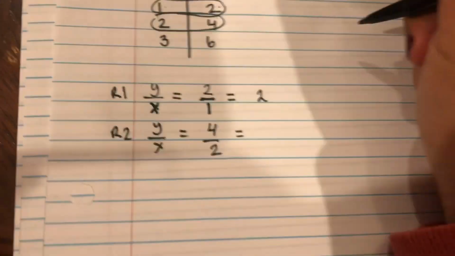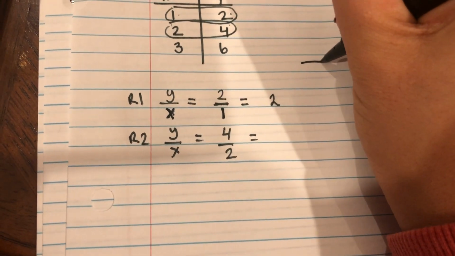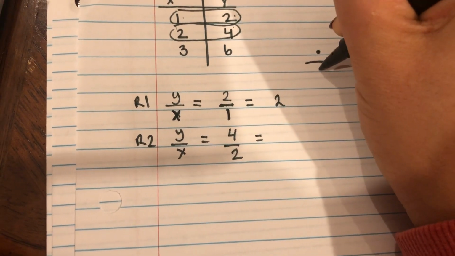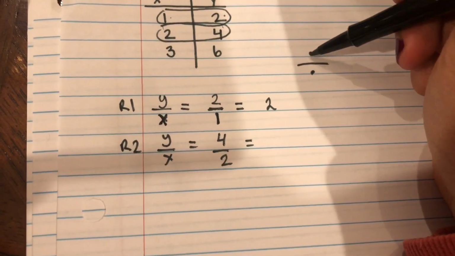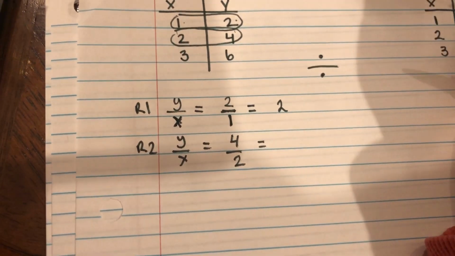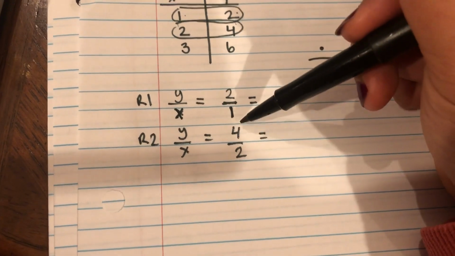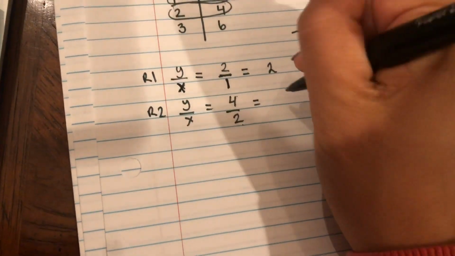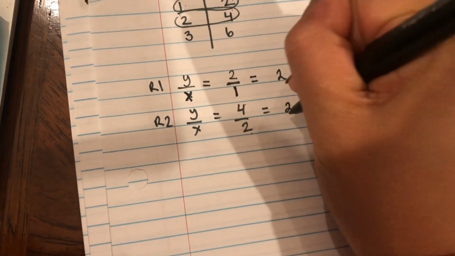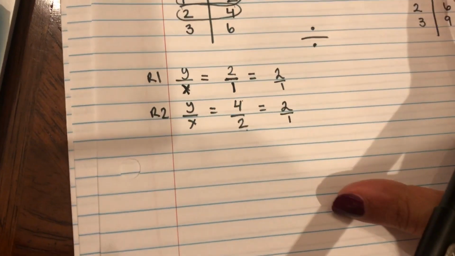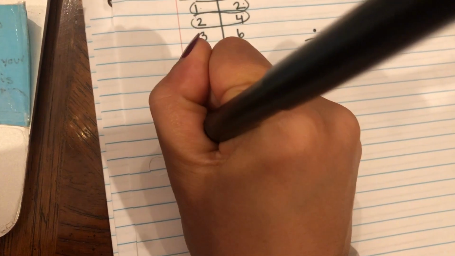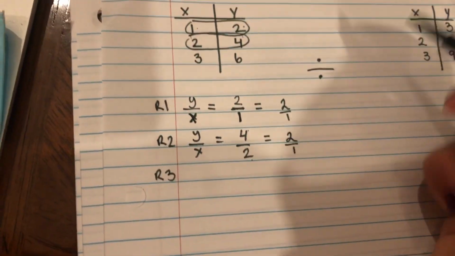If you look at the division sign, the division sign is literally a fraction, and the dots are just in place of numbers. So really this means 4 divided by 2, which also equals 2, or we could write 2 over 1 here.